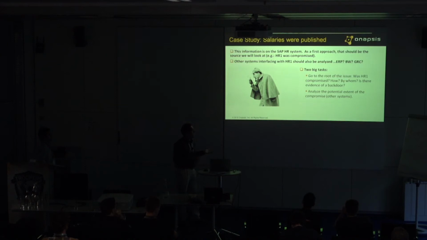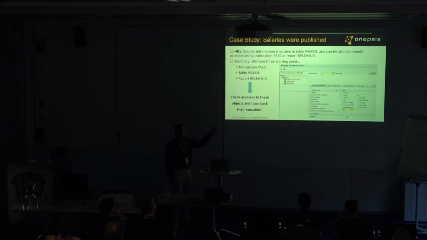One of the first things that we need to ask ourselves is, was this system totally compromised, or was it just a request to this table from somebody who actually had access, or maybe was just that system compromised, or were other systems compromised too, in order to arrive at these systems. So we start to think of a lot of possibilities of how this could have been performed before.